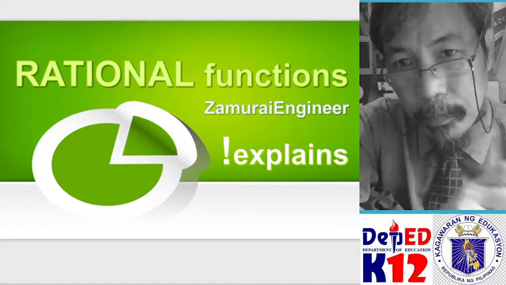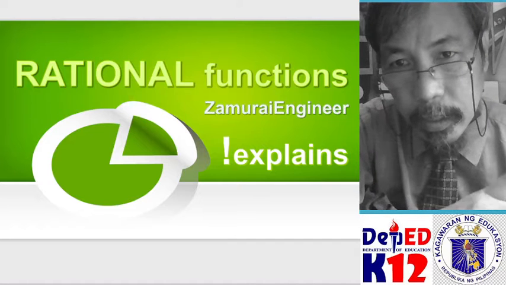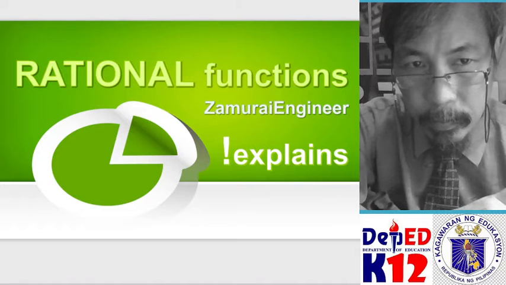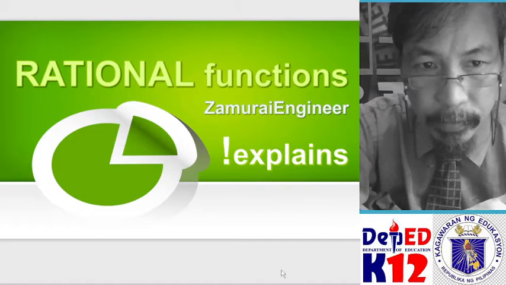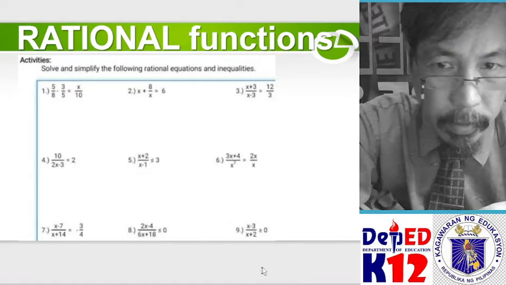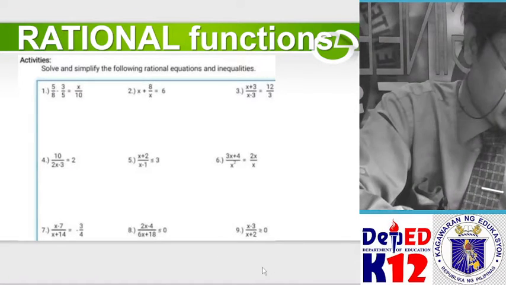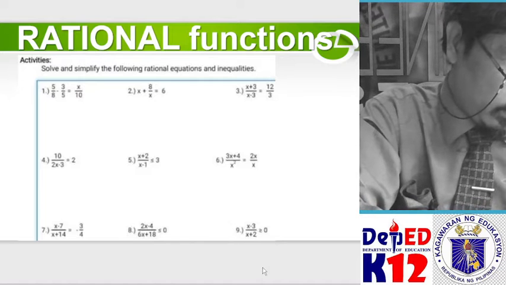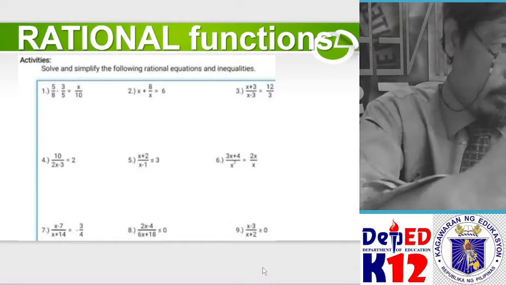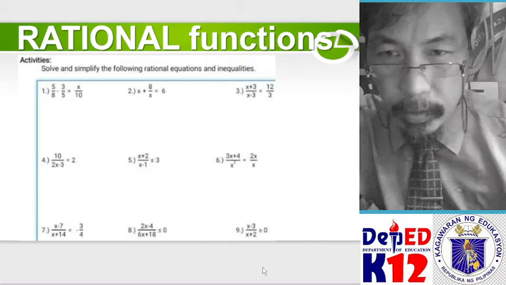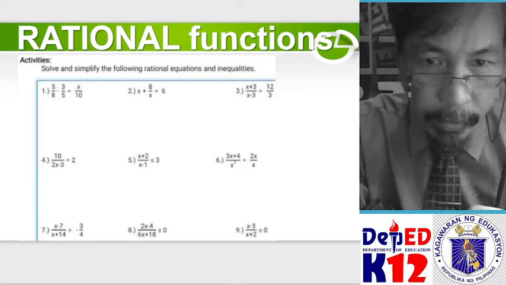In this video, we will solve the next problem under rational function. We are now in problem number 7. So let us proceed. Problem number 7, we have a given for problem number 7.